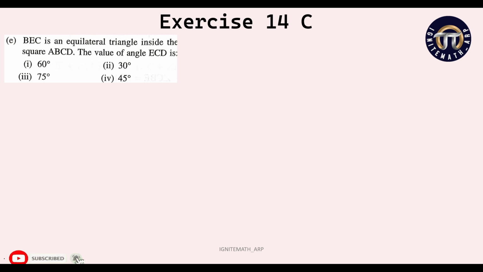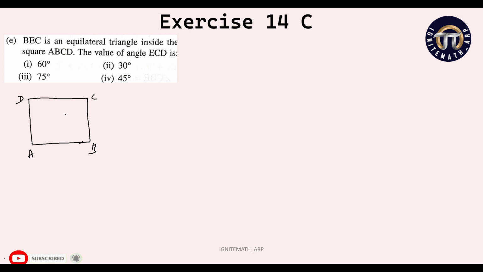See, in the question, it says that BEC is an equilateral triangle inside the square ABCD. So you have a square like this. This is a square ABCD. Pay attention, children. ABCD is a square.